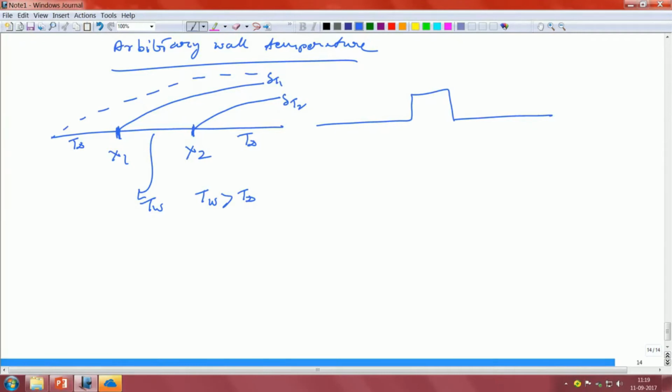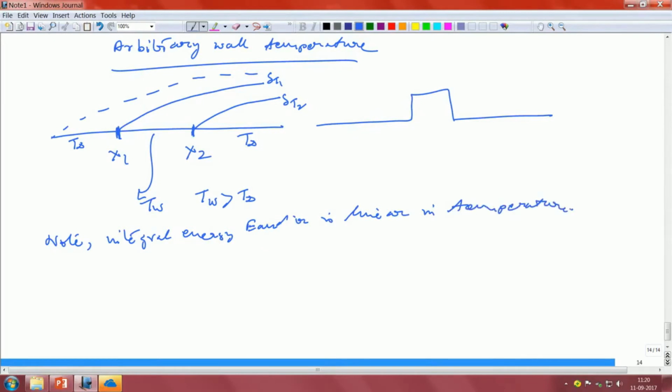So you note one important thing when you solve this particular problem: the integral energy equation that we did is linear in temperature, isn't that so? It's linear in temperature.